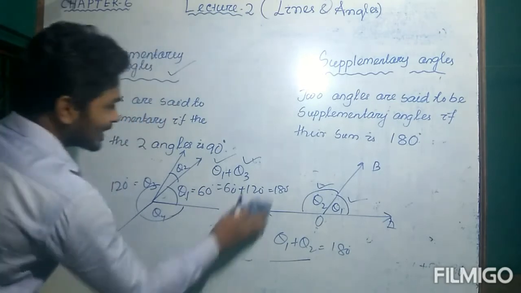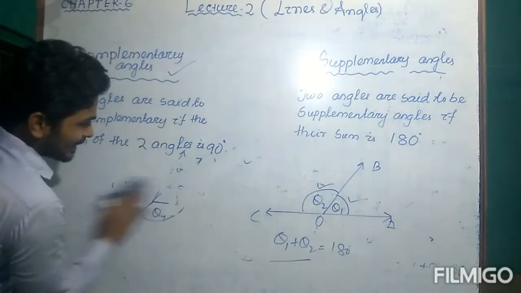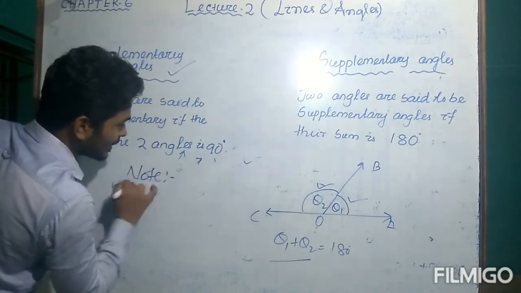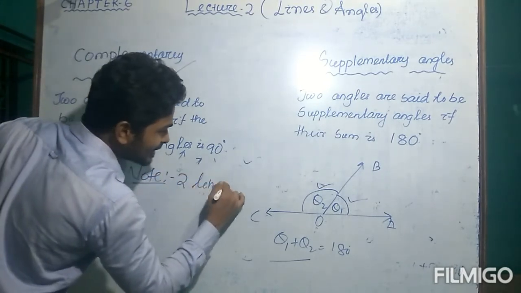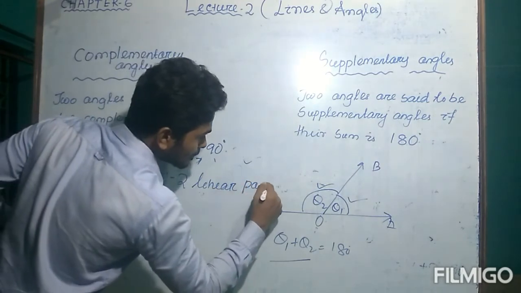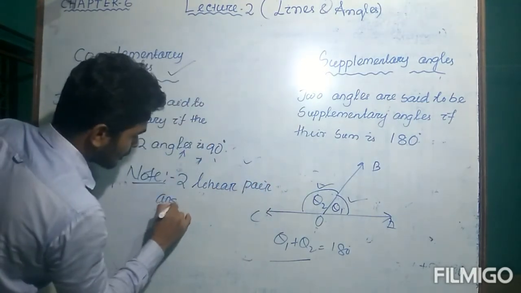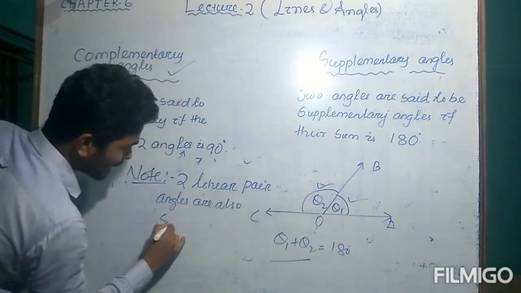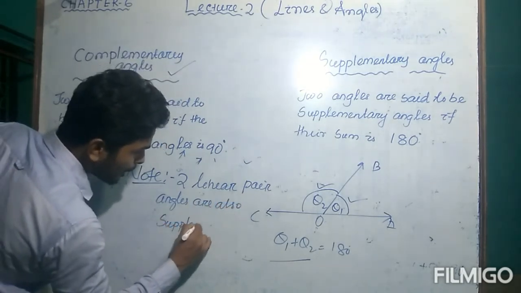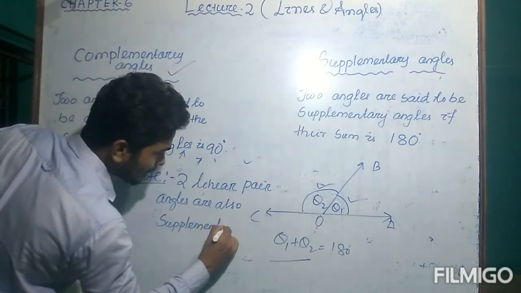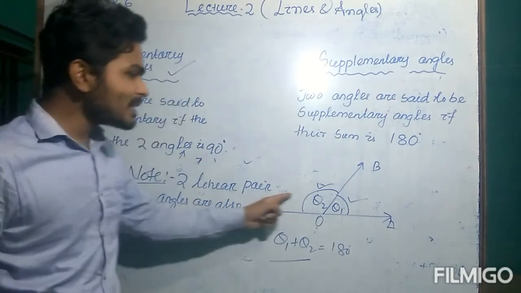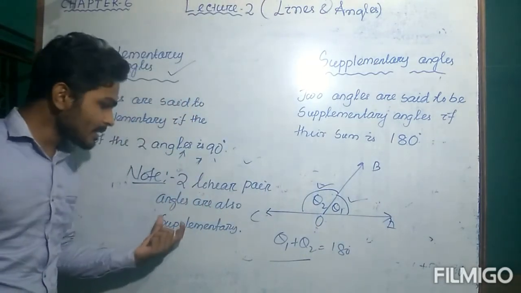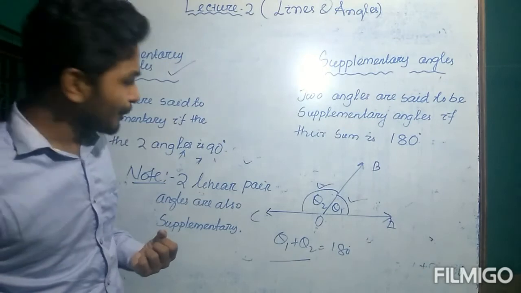Okay, so you can write note: two linear pair angles are also supplementary, as I have told you the result, because always their sum is 180 degree, so we also term them as supplementary angles.